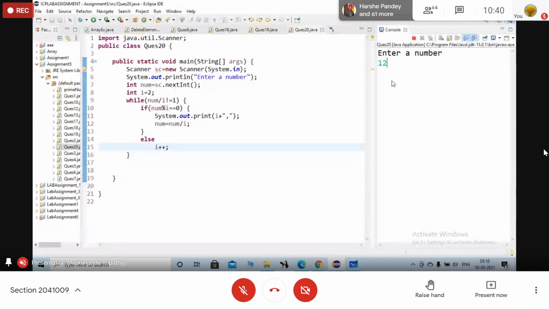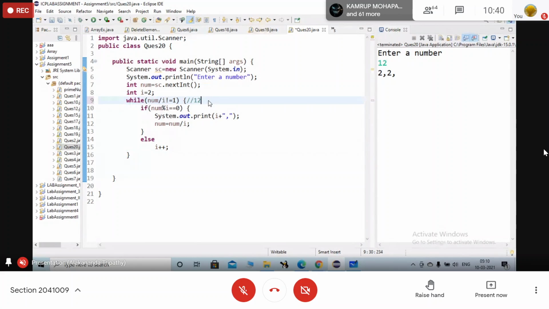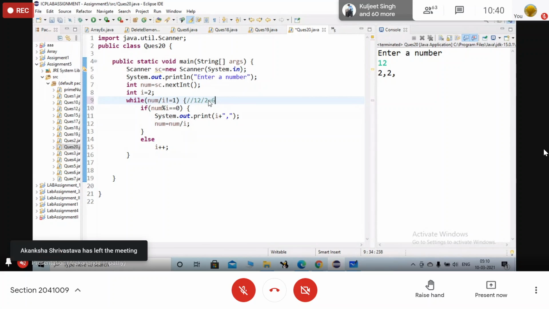Enter a number 12. Now 12 divided by 2. 1 आ रहा है क्या तुम्हारा रिमाइंडर? Here 12 divided by 2 equals to कितना आ रहा है? What is the value here? 6. यहाँ पर चेक करो.